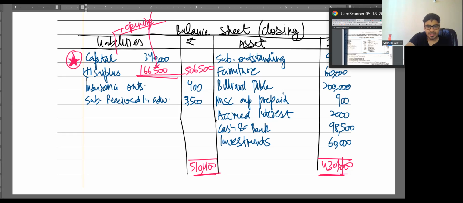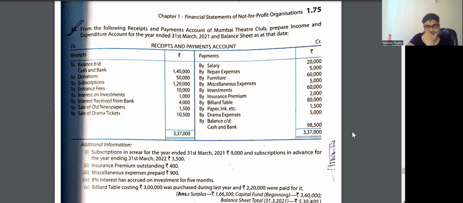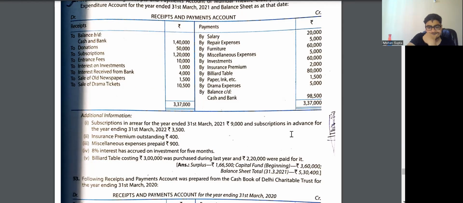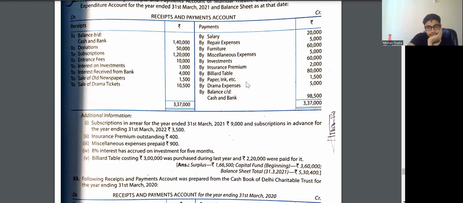So this should definitely match. We have written each and everything. The answer is given here, and it says capital is 3,60,000. So I think we got our opening capital right. So the amount was 3,60,000, right? No, you said it was 3,40,000.